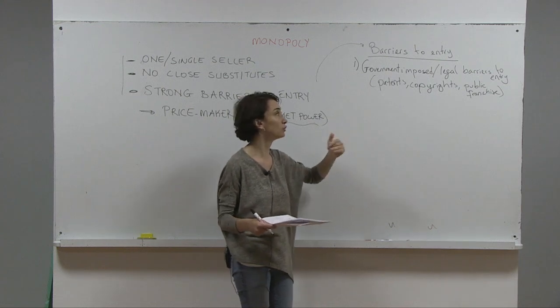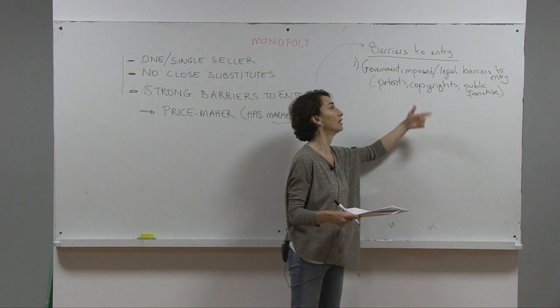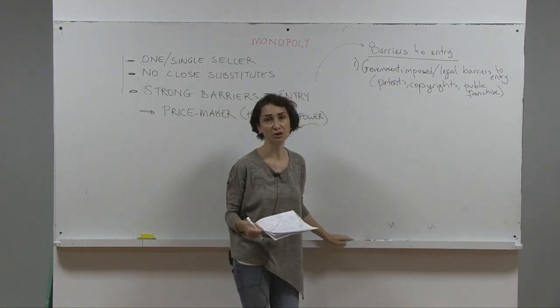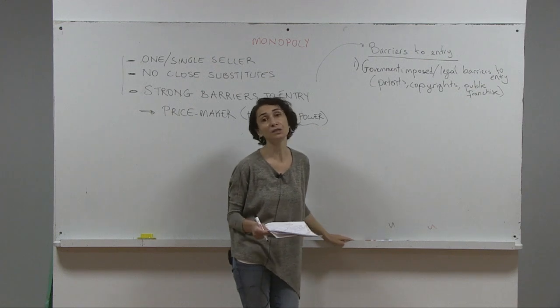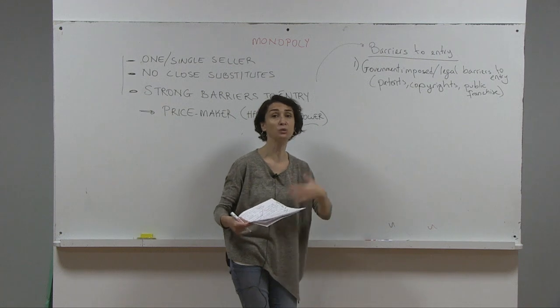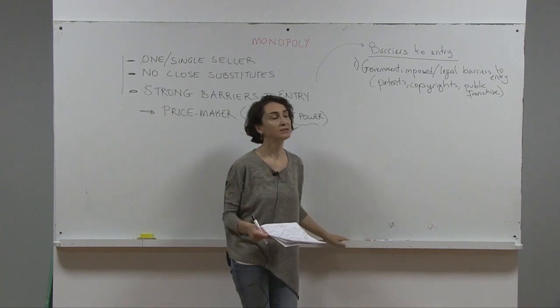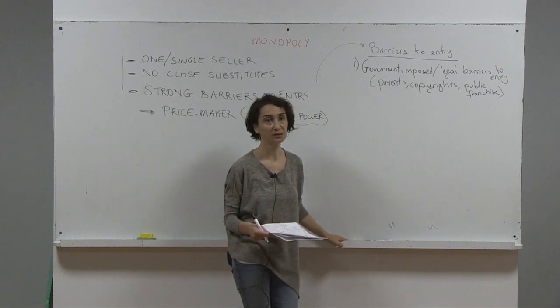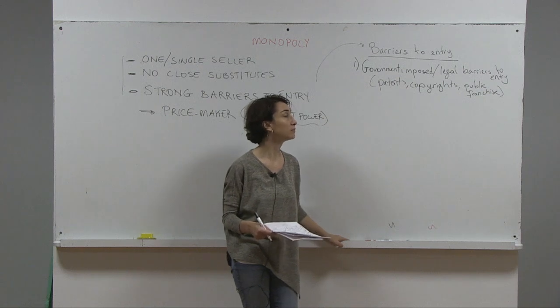And it means you are a monopoly. If you have a copyright, for instance, for a musical or artistic production, this is a creative production, again, we would like to reward it, and you will be the sole seller of that product for a certain period of time.